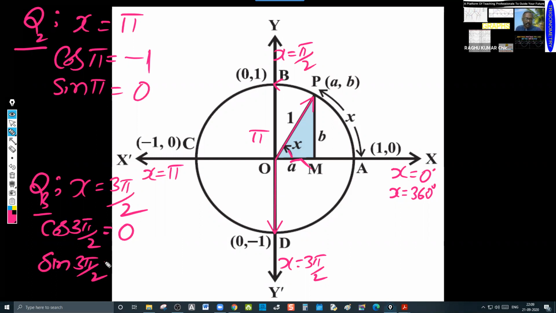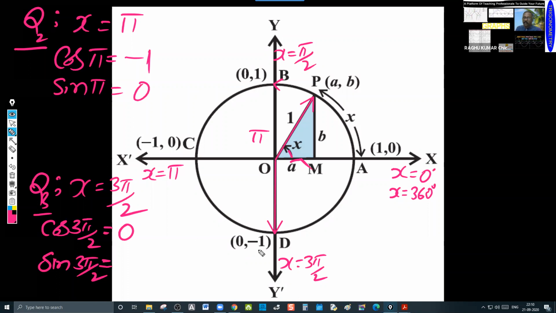Similarly, tell me what is sin 3 pi by 2? Sine 3 pi by 2 means the vertical component. I have shown it through the arrow mark here. What is the vertical component here? Always remember, the x coordinate is the horizontal component, which is cosine.